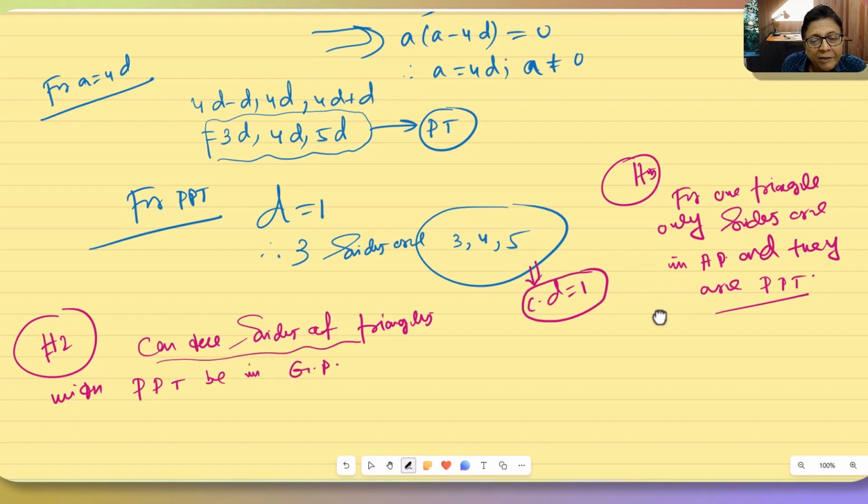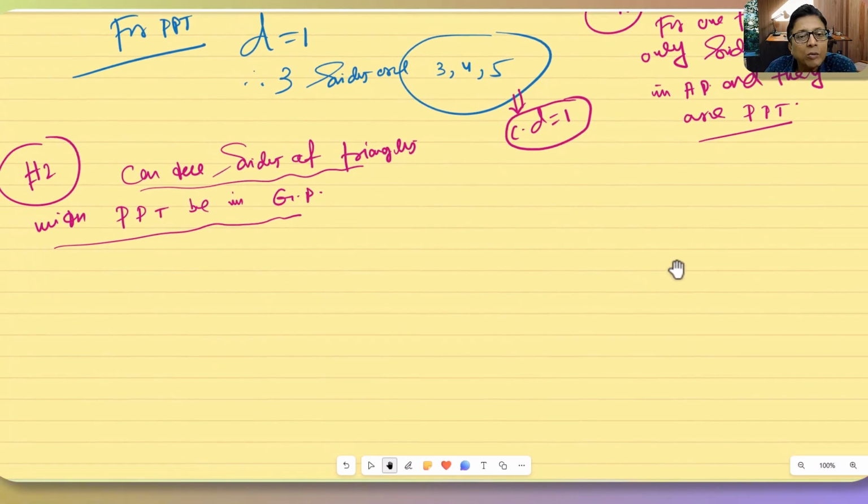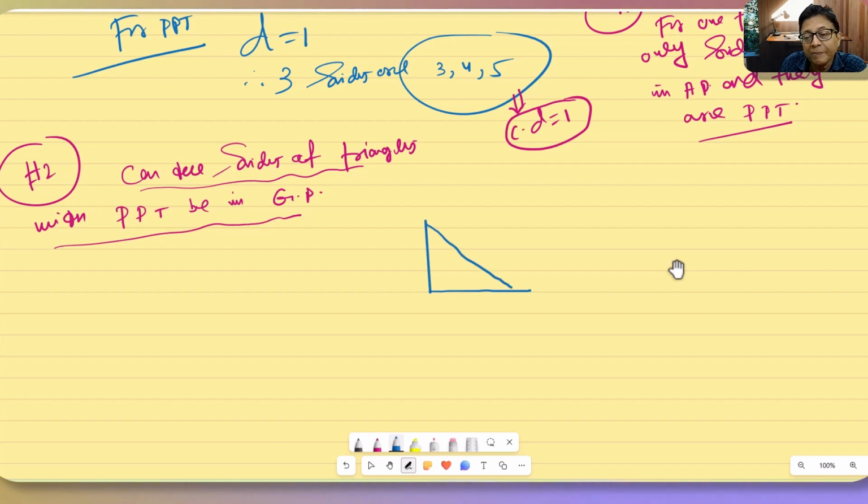I mean, can they form a GP? Those three PPTs, A, B and C. If you keep all these things in your mind, many problems can be solved later. So we'll think about it whether PPTs can be in GP or not. Sides of triangle can be in GP or not. This we are going to think.